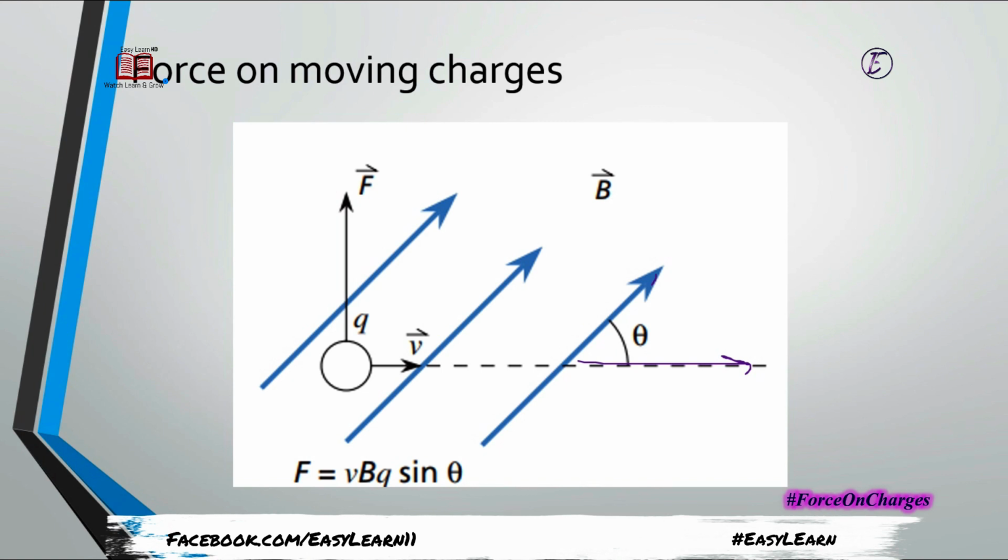Anyway, this is the velocity v, and there is an angle theta. It must be at angle 90 degrees, perpendicular, as I drew. If it was like that, then the angle is 90 degrees, and sine 90 is 1, and there is the maximum force that can be experienced.